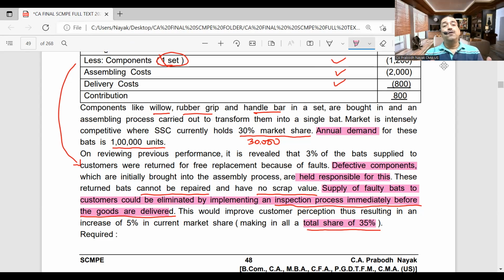Contribution lost on what? Contribution lost on those extra 5% bags. Extra 5,000 bags. And what is the contribution? Contribution is 800 per bag. So 5,000 into 800, 5 is 40, 40 lakhs is a loss of contribution as of now. As of now, because I have not implemented that. There is a loss of contribution.